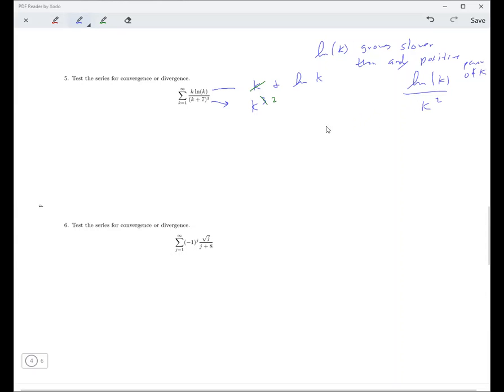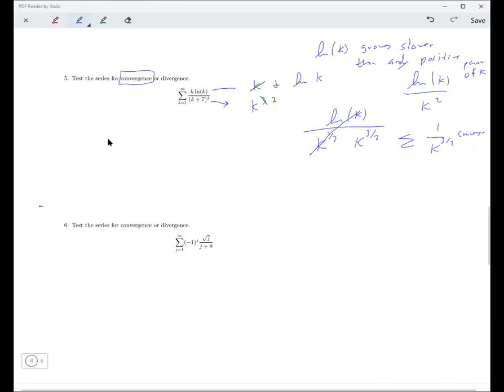So we could peel off, let's say, a k to the 1/2 and then have a k to the 3/2. And that's going to dominate this, right? And so then basically 1 over k to the 3/2, that series converges. Okay, this converges. So it's going to be convergent.